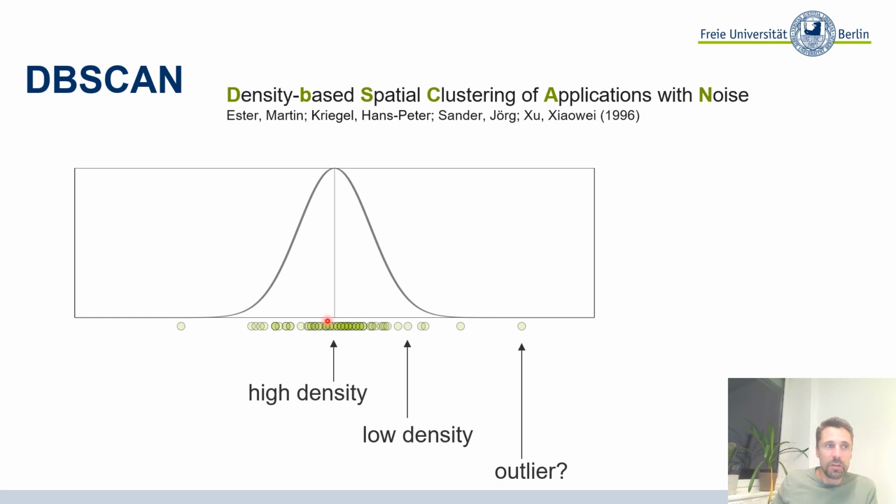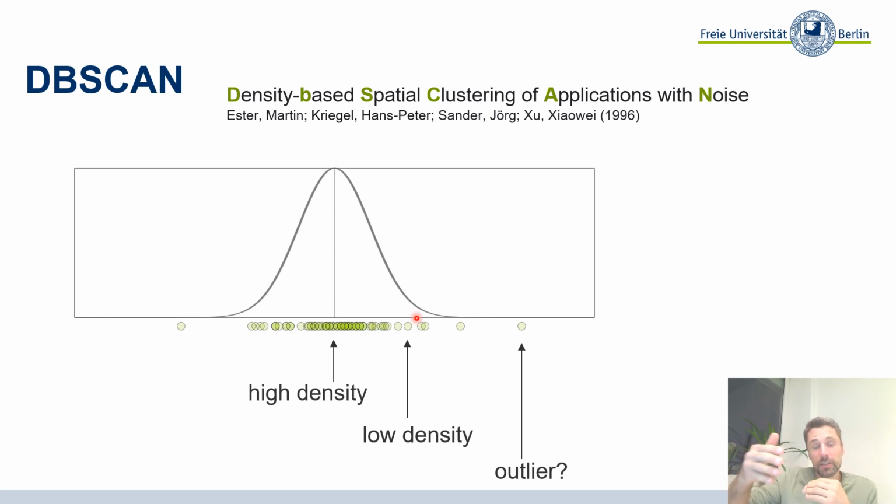So they lie in a dense part of the distribution. Density means that in a certain neighborhood they have more points than points would have in a low density region, like, for example, those that are still within the distribution, but maybe on the border.